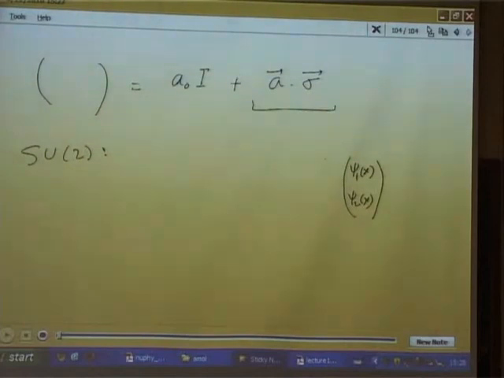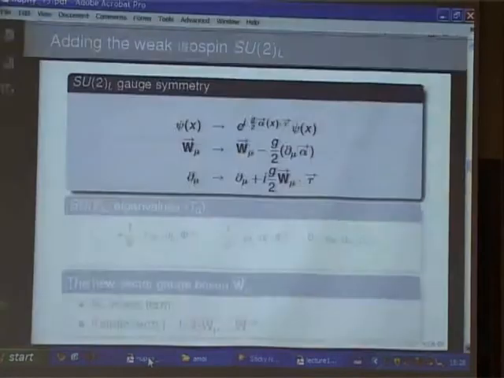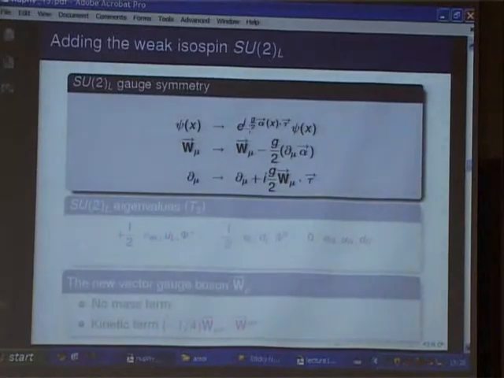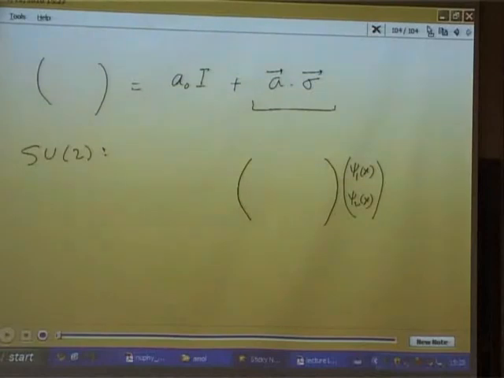This should be multiplied by a matrix, and if one does that, the Lagrangian should stay equal. So what is this matrix? SU2 tells you that this matrix, let me write it first, is e to the power i g by 2 alpha dot tau. So g by 2 is a constant, alpha dot tau.